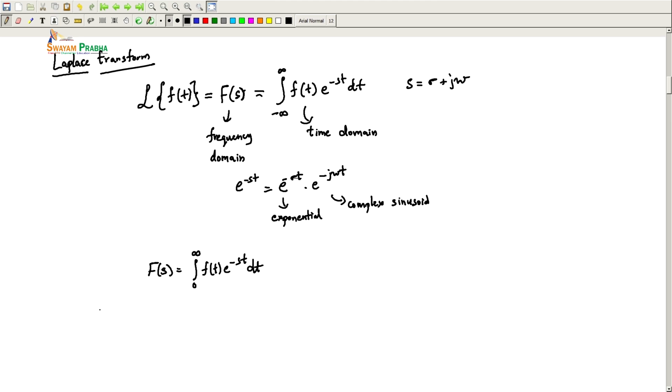Why do we do one sided Laplace transform? The reason for that is most of the control signals you will see, such as f of t, is equal to 0 for t less than 0. So, that's the reason in integration we go from 0 to infinity. So, we just use a one sided Laplace transform in control systems.